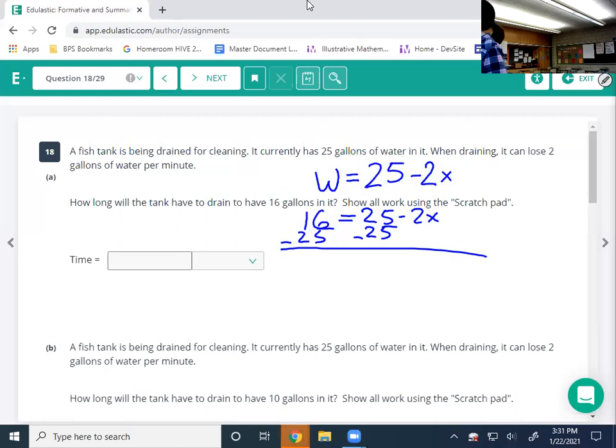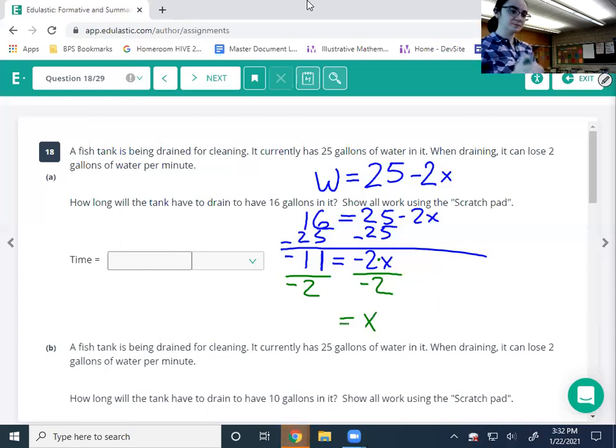When you do that, 6 minus 5 is 1, 1 minus 2 is negative 1, so negative 9 is equal to negative 2x. Get rid of the multiplication by dividing by negative 2. Divide by negative 2. X is equal to, what do we think?